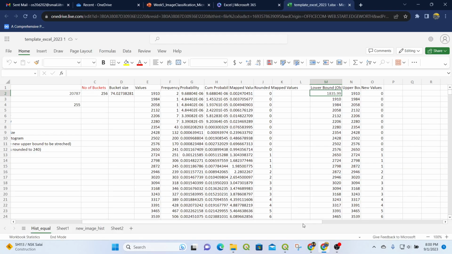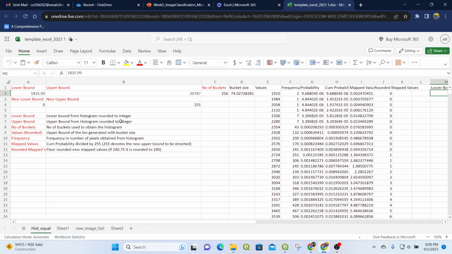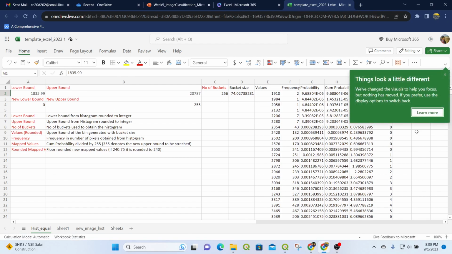So from that, what we need to do, we are reducing our dimensions.